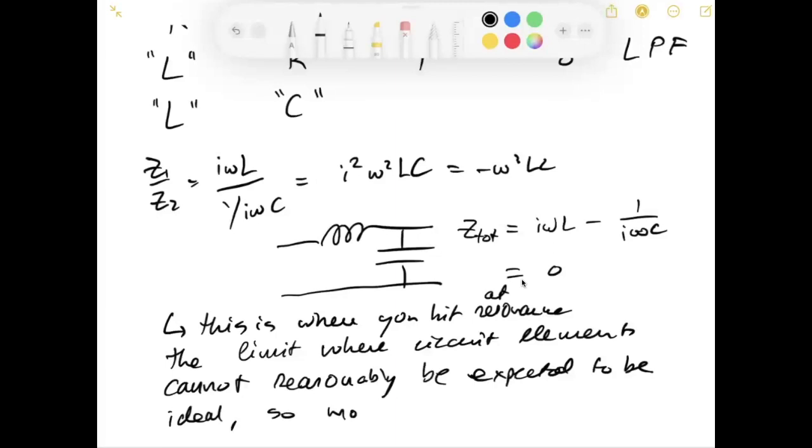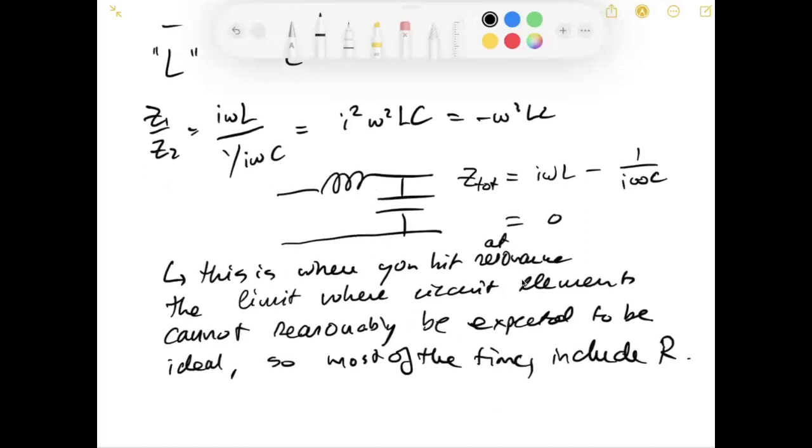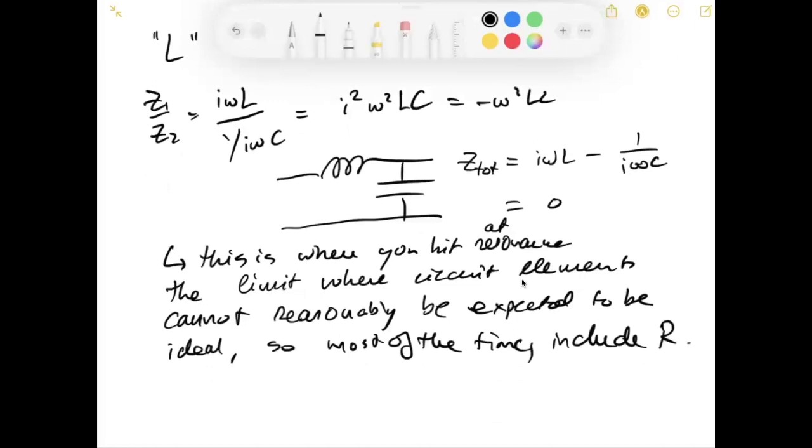So most of the time, include some kind of a resistor, some kind of an effective resistance that could include effects of the losses in the capacitor or the inductor.